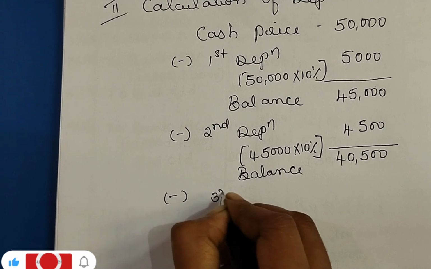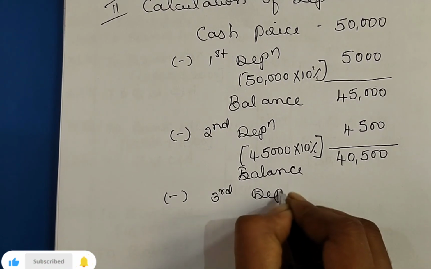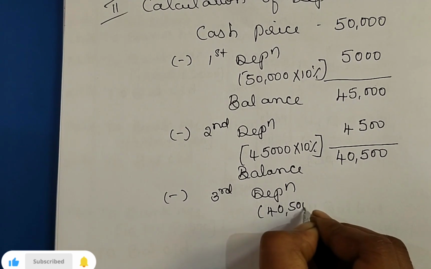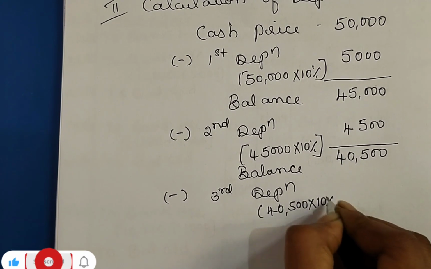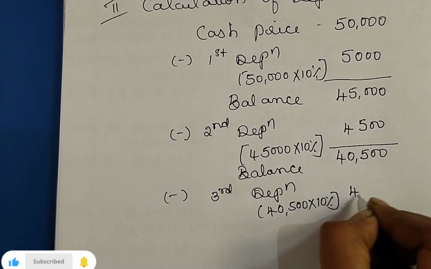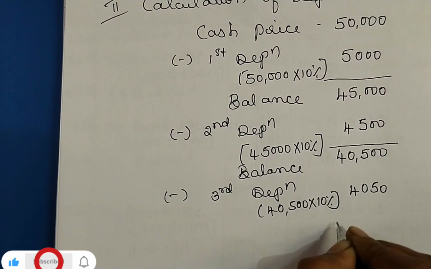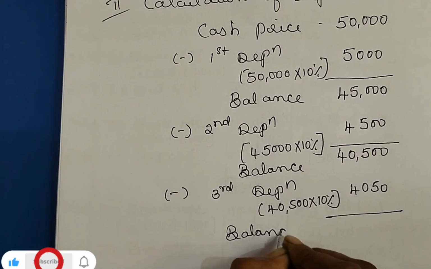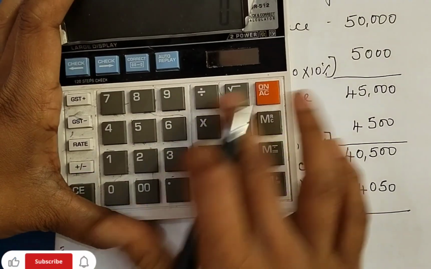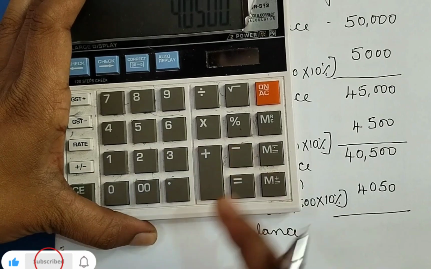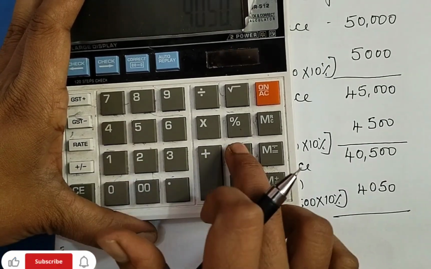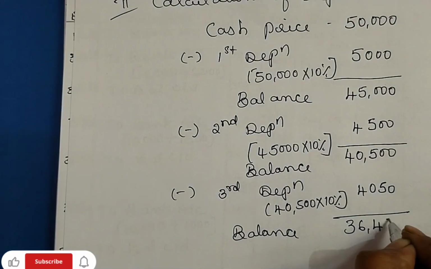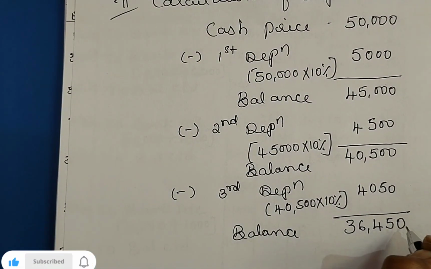Next one is, this is the balance less third year depreciation on 40,500. 10% is 4,050. Balance 40,500 minus 4,050 is 36,450. Right.